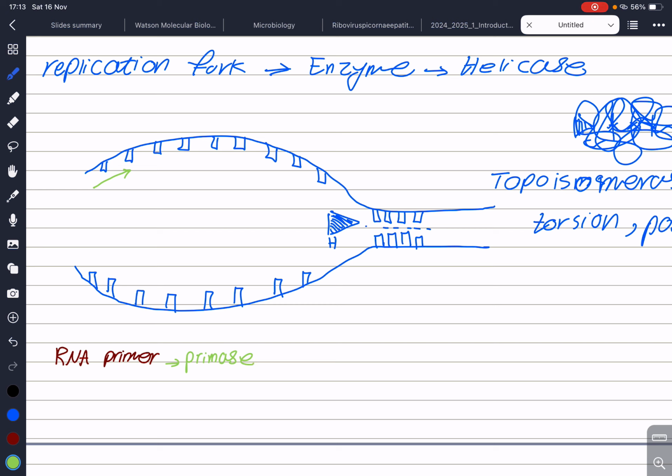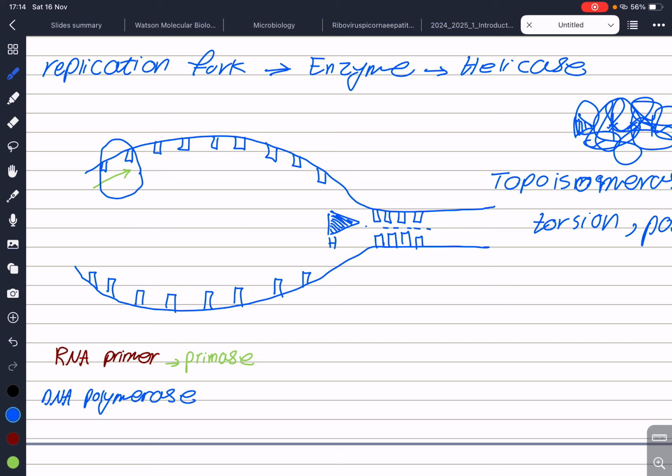Now we should have another enzyme that we call DNA polymerase. DNA polymerase will recognize this primer, and then after that it will start the replication by adding nucleotides. But how?